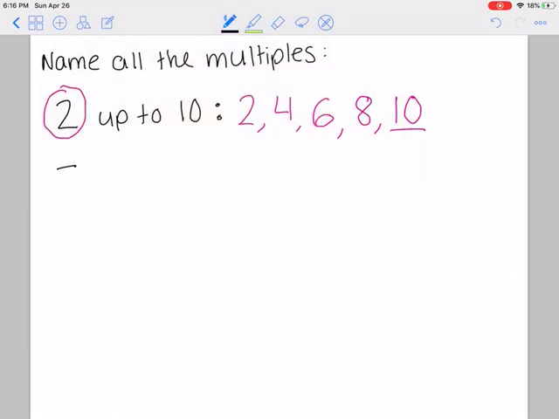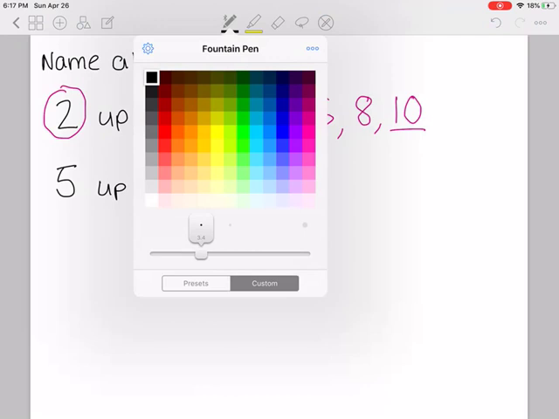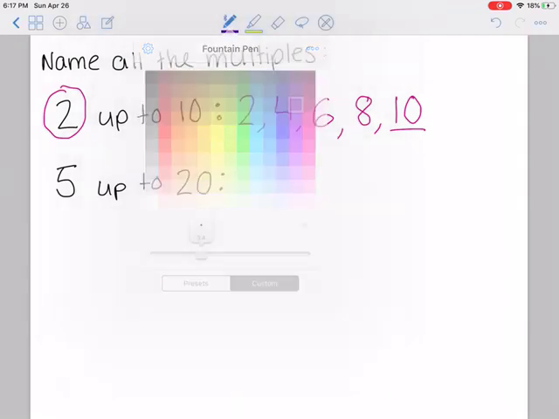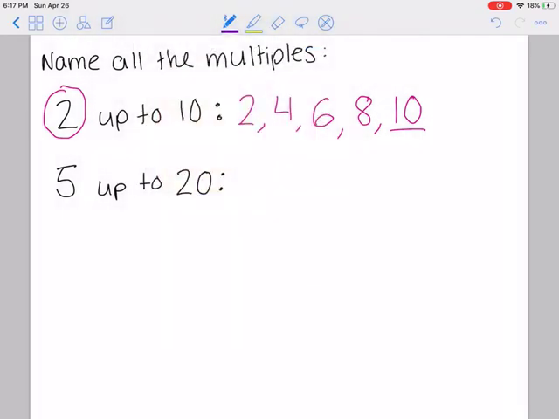All right. 5 up to the number 20. So 5 times 1, 5 times 2, 10, and then you're going to keep going. 10, 15, 20, and we're going to stop at 20.